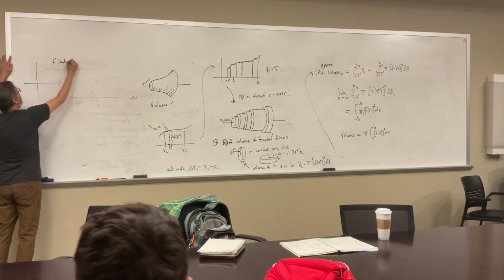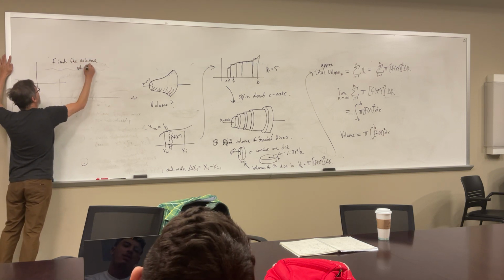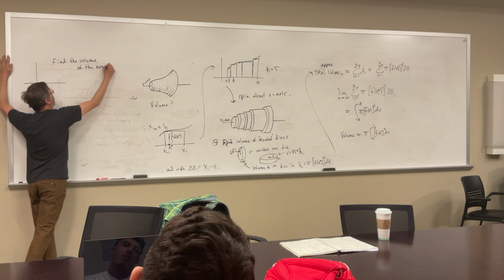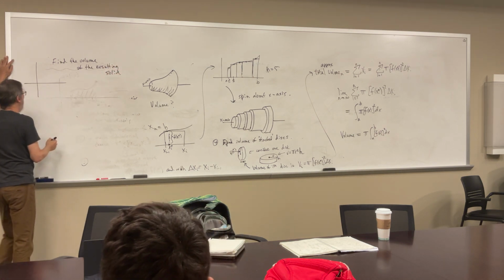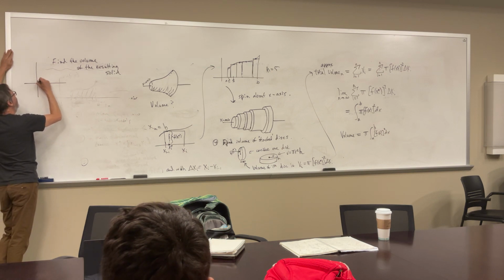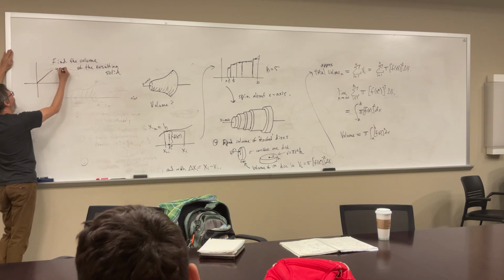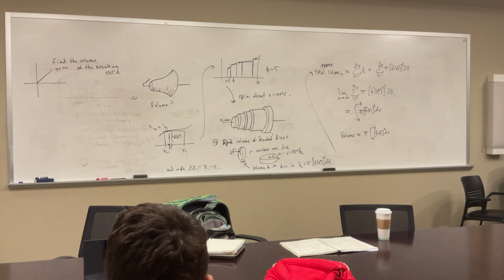Find the volume of the resulting solid. Let's develop a formula. Let's just take a line. So this is just y equals mx. Good old diagonal line, y-intercept 0.